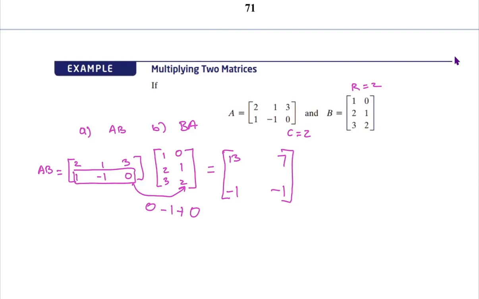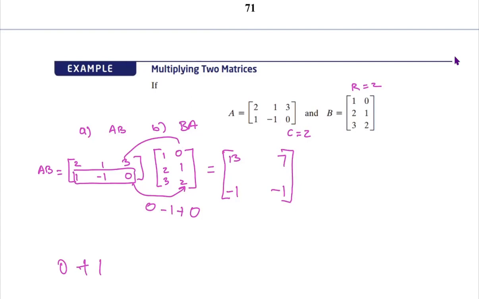Row 1, column 2, so that's this. We got 2 times 0, oh no, 2 times 0, 0. I think that's what we got wrong here. 1 times 1 is 1.